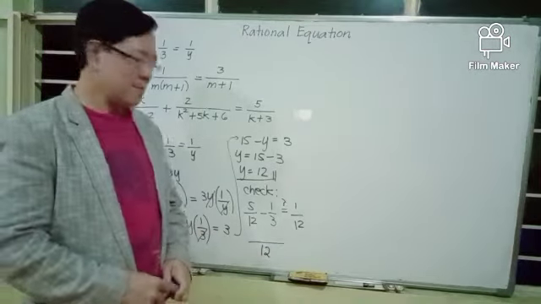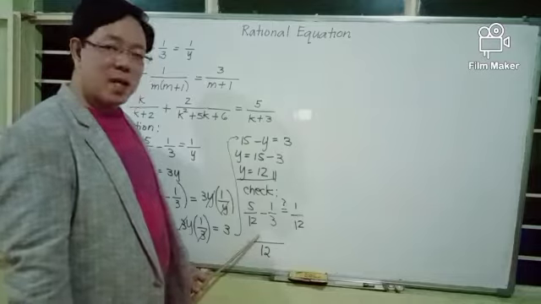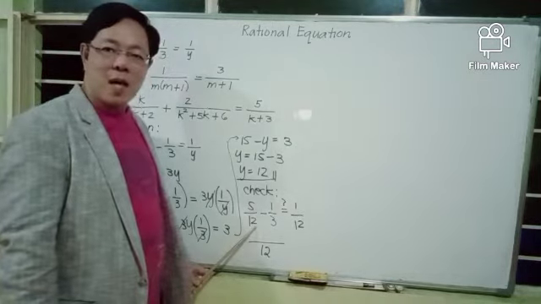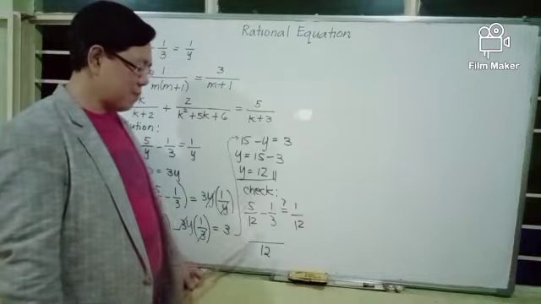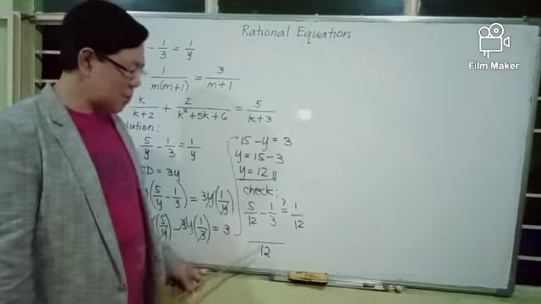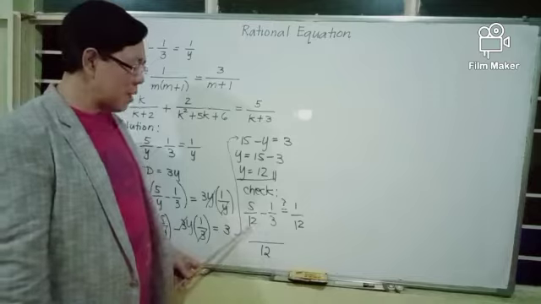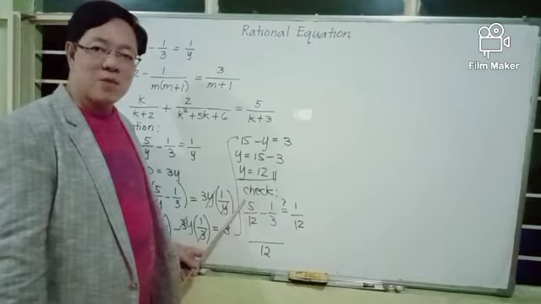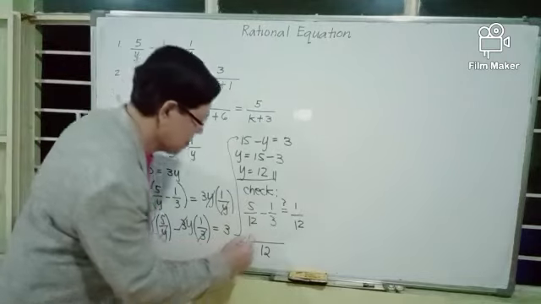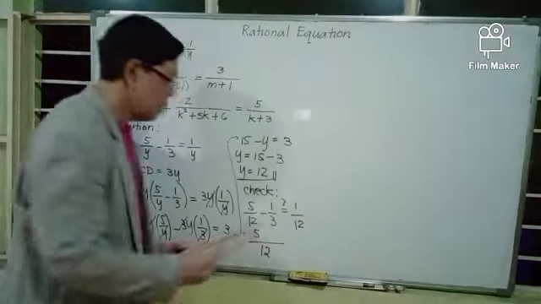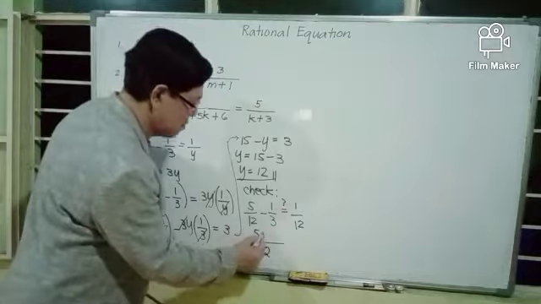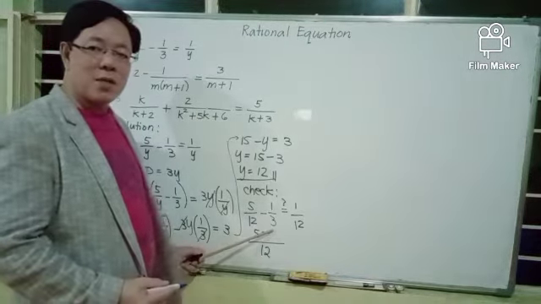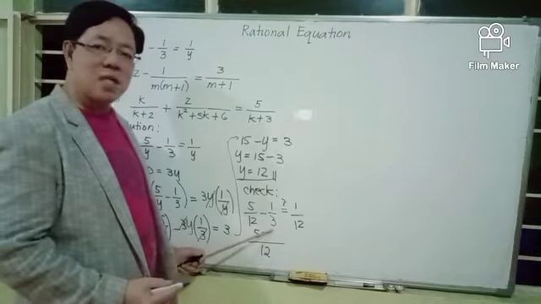And we find the numerator by dividing the LCD by each denominator and multiplying the quotient by the numerator. We start with the first term. LCD 12 divided by the denominator 12 is 1. And 1 multiplied by the numerator 5 is 5. Minus, LCD 12 divided by the second denominator 3. 12 divided by 3 is 4.